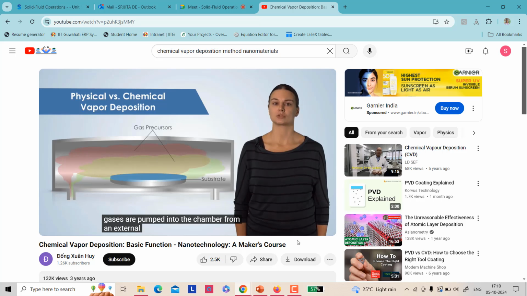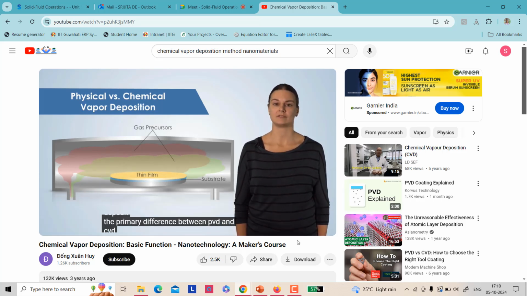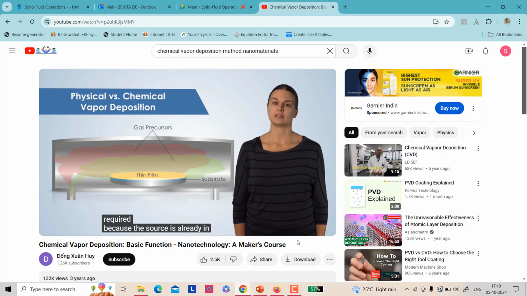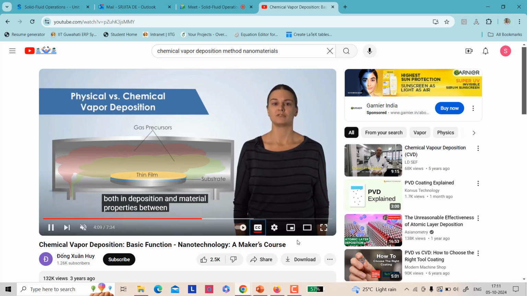This can result in non-conformal films, meaning that the film may not contour smoothly along geometrically complex surfaces such as trenches or rounded surfaces.